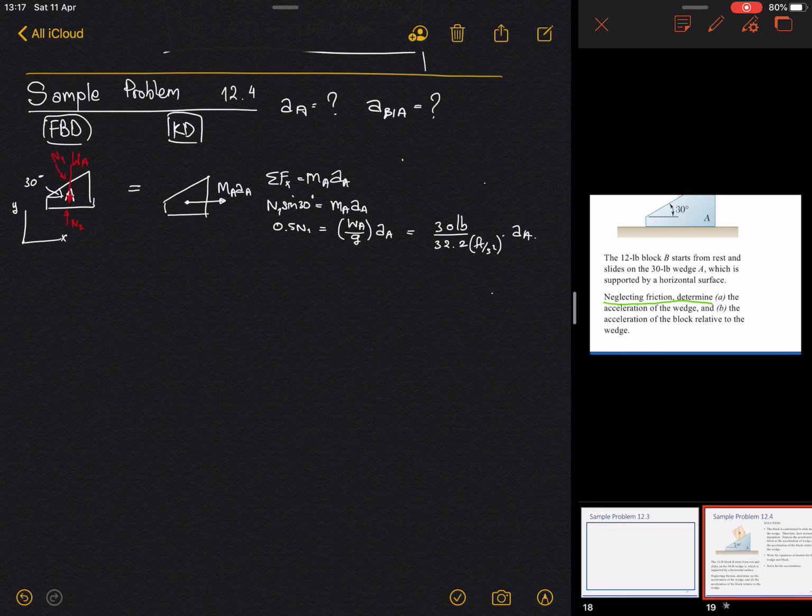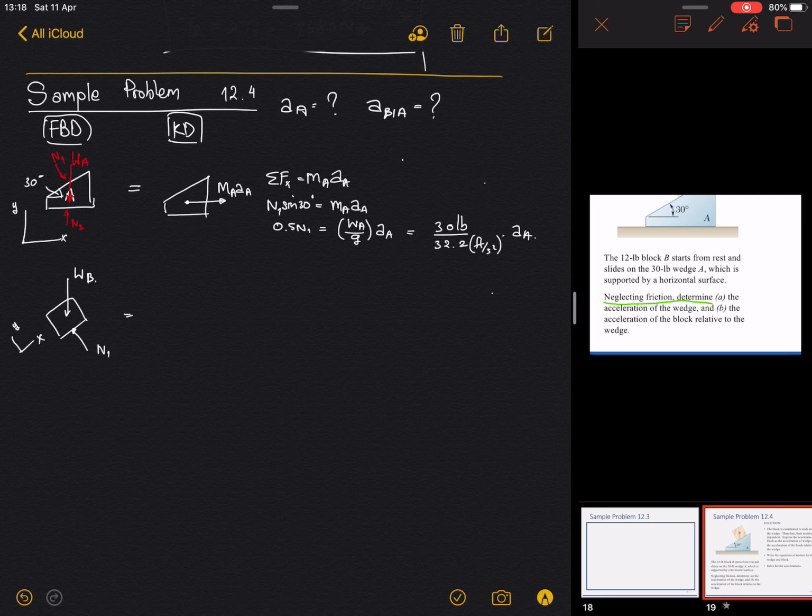Alright, then next we do object B. We're starting from B. We have the B object, then we have the weight of B. Then we say the plane is like this, y-x, because it depends on you whether you would like to do it on the normal plane or like this.